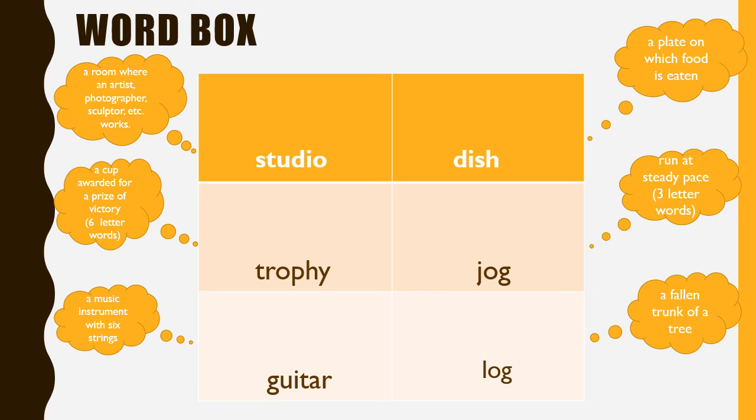Log means a fallen trunk of a tree. Now it can be a fallen trunk of a tree or a cut trunk of a tree. Okay? Now make a sentence using the word log. Here's mine. He threw another log on the fire.